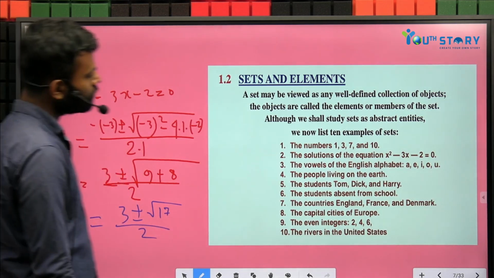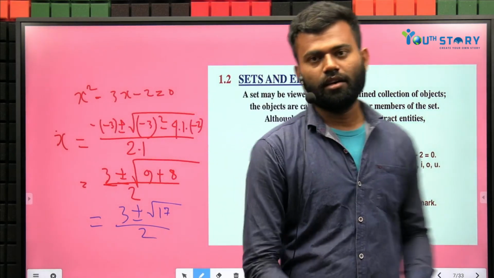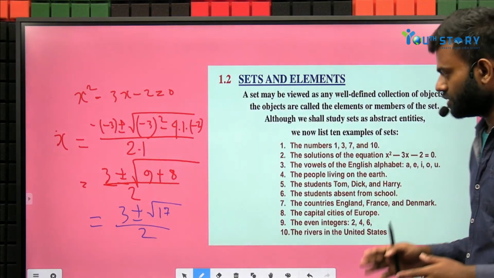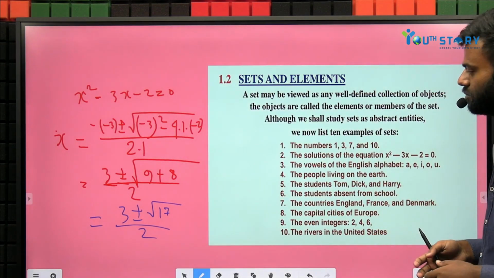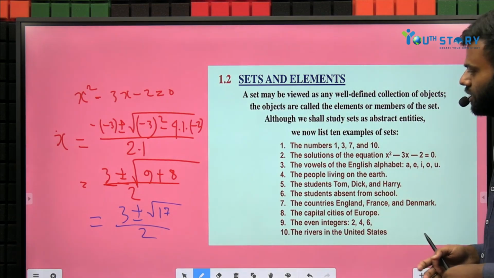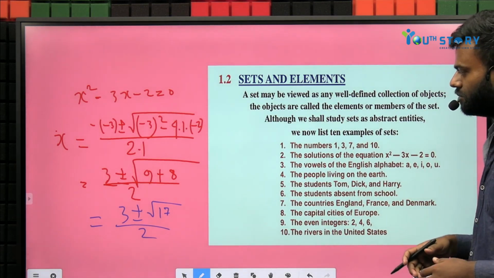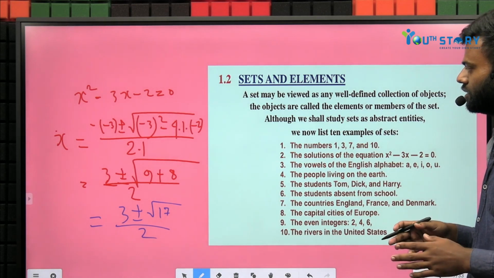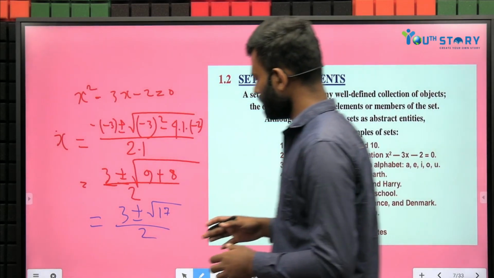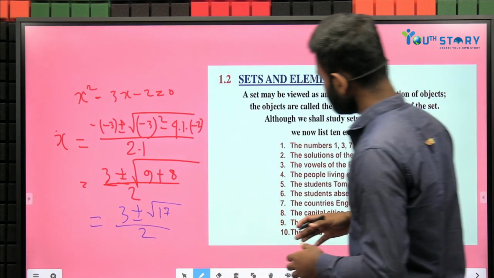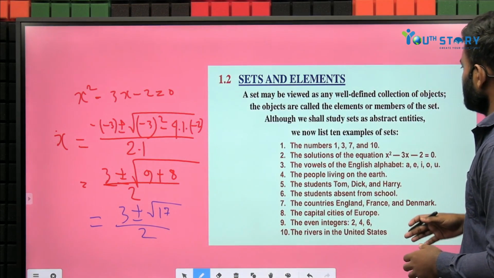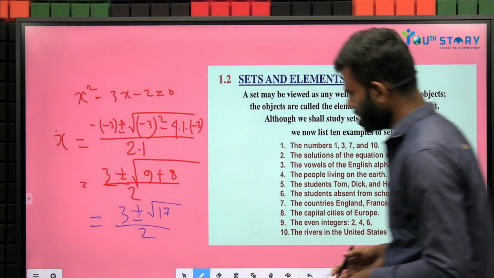So the roots of this equation are (3 plus square root 17) by 2 and (3 minus square root 17) by 2. There are two roots, they are distinct, and of course this collection is well defined, so this forms a set.